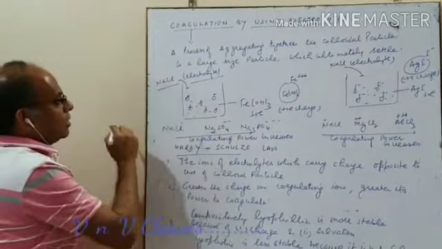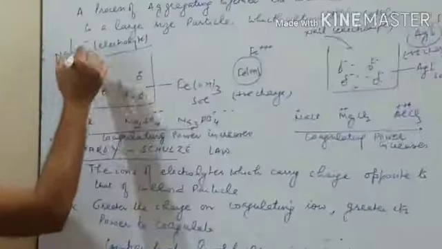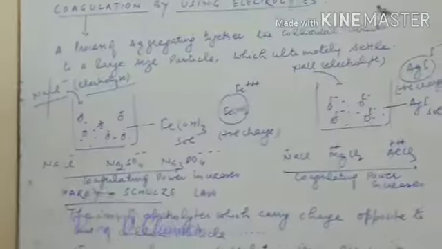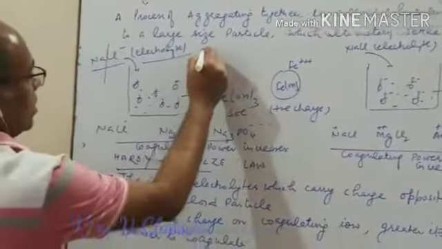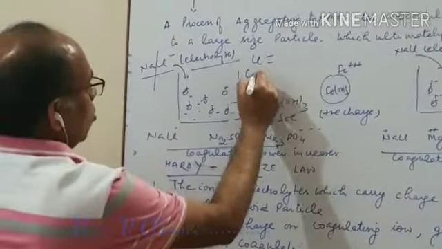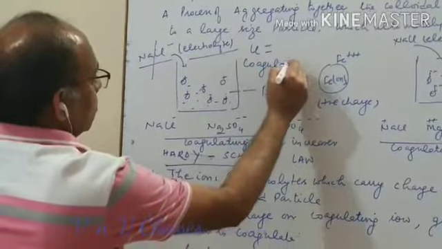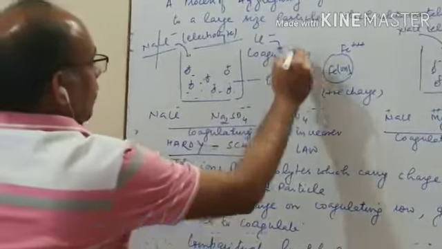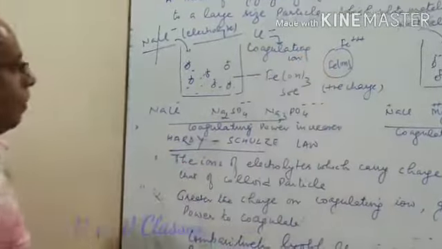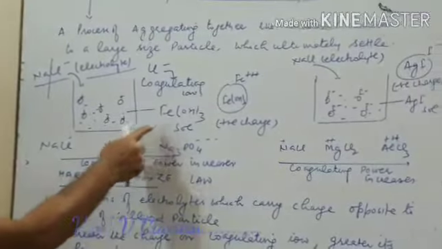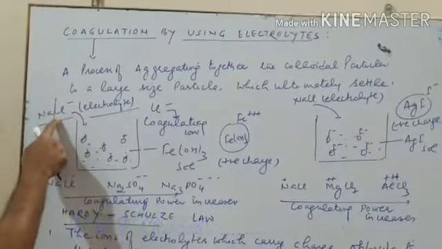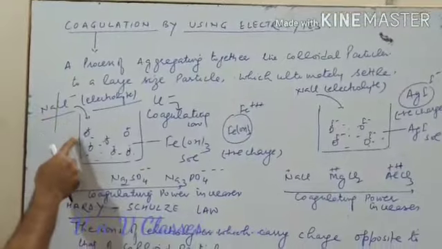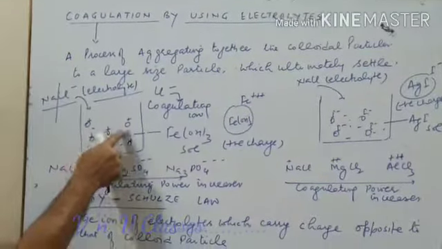So from this NaCl, the Cl negative ion will cause its coagulation, and that's why you will say Cl negative is the coagulating ion. It is a coagulating ion because it causes coagulation. Remember, coagulation is done by the ion of electrolyte which has charge opposite to that of colloid particle.